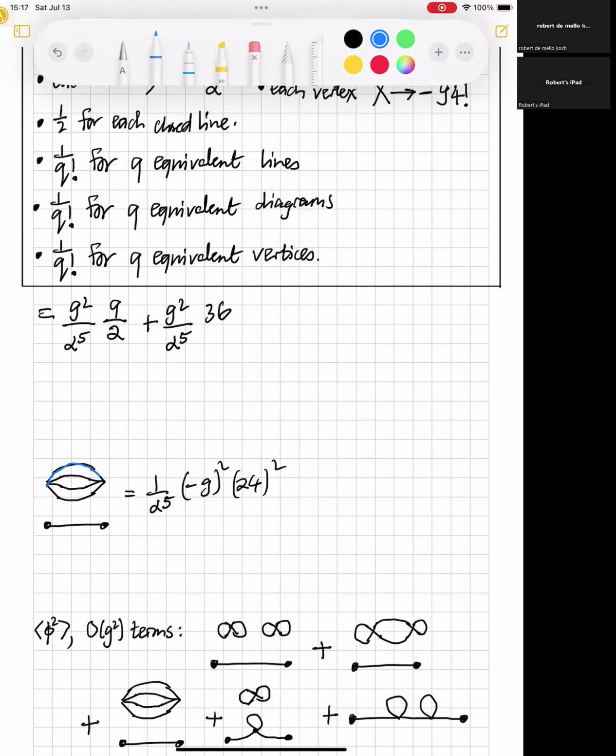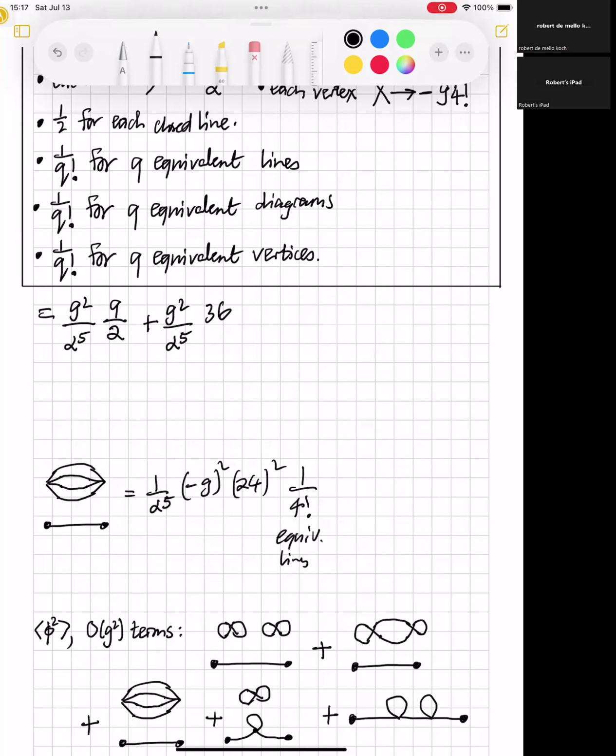This blue line has the same start and end point as that green line, which has the same start and end point as this red line, which has the same start and end point as that yellow line. So in this diagram, there is a total of 4 equivalent lines. So we will get 1 over 4 factorial. And this is for equivalent lines.